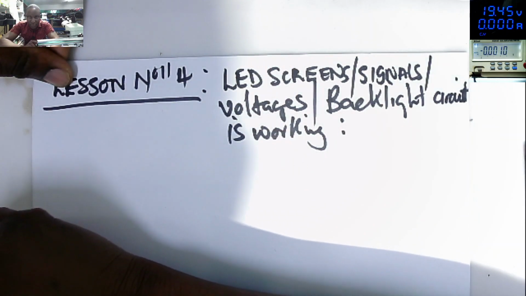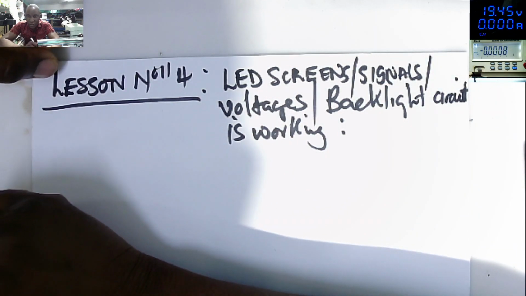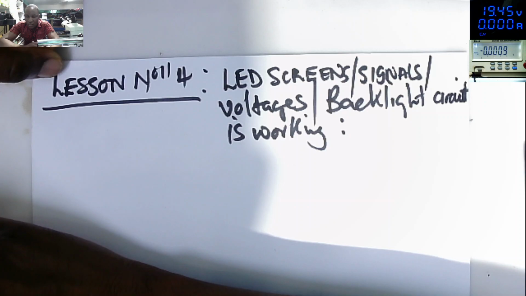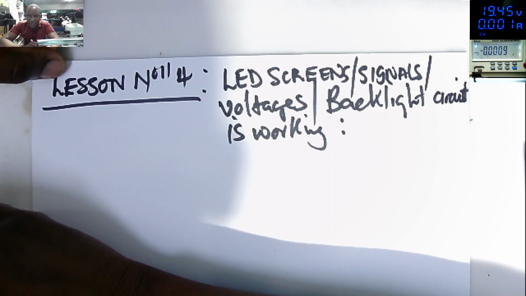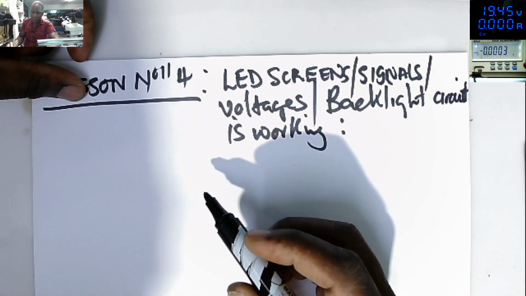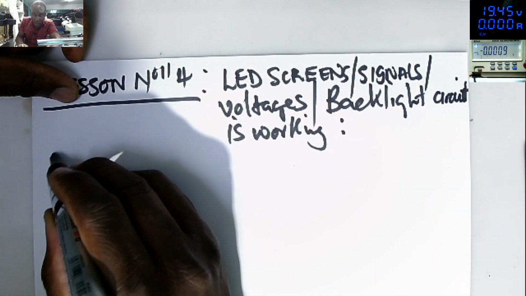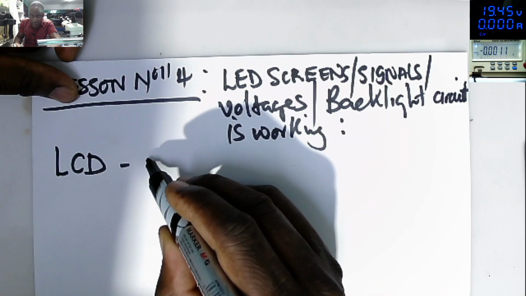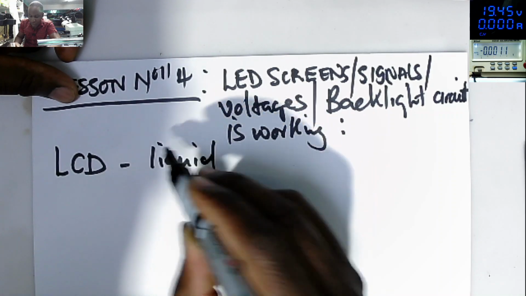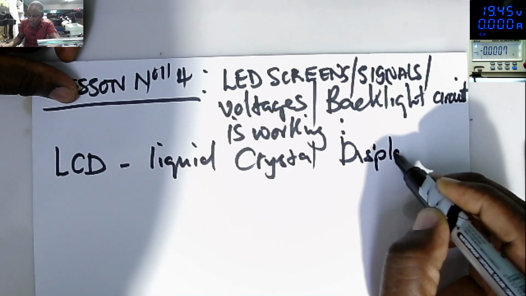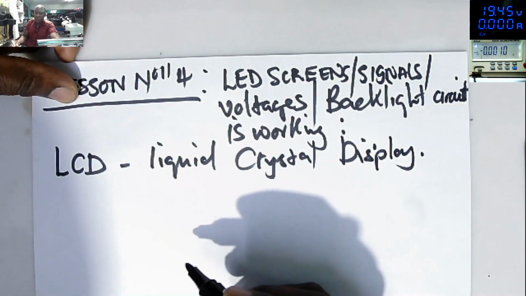So, LED screens. 90% of laptops nowadays use LED. Before LED, there were LCD screens. LCD means liquid crystal display.